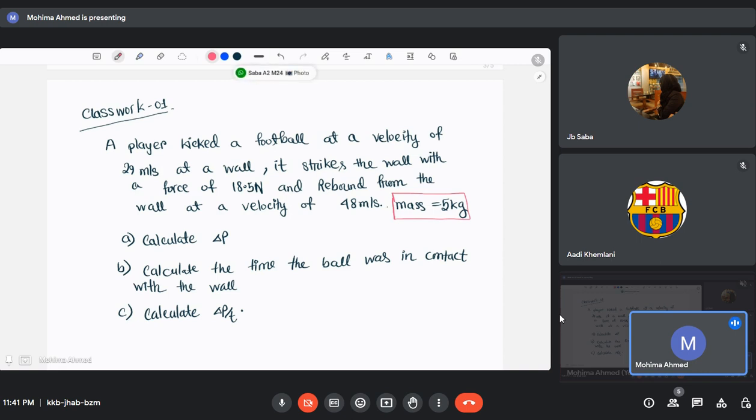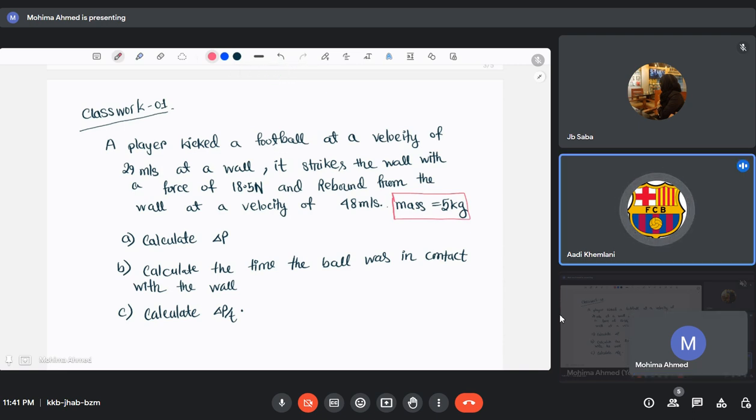Simple picture from Saba. Adi, are you still solving the question? Yes, I was stuck. You got stuck in which part?